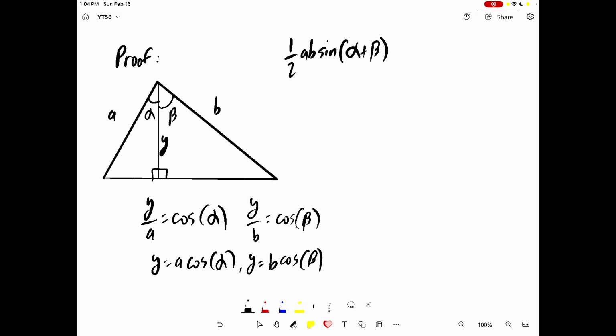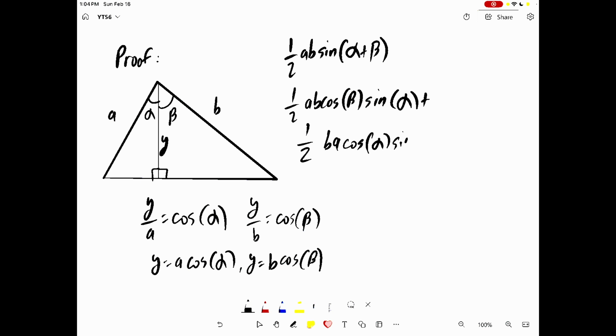So, two sides, which is just going to be 1/2 of a times b cosine beta, and then times the sine of the angle, which is sine alpha, plus 1/2 of b a cosine alpha. We just do the opposite for the right hand side: we use the first definition of y, b a cosine alpha times the sine of beta.